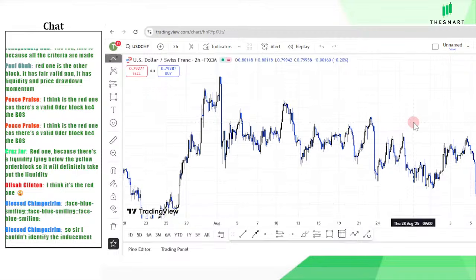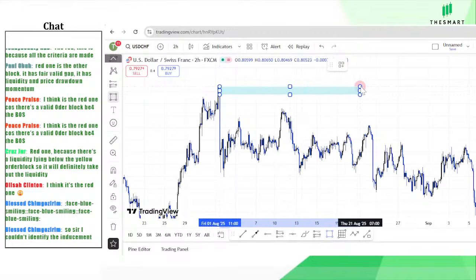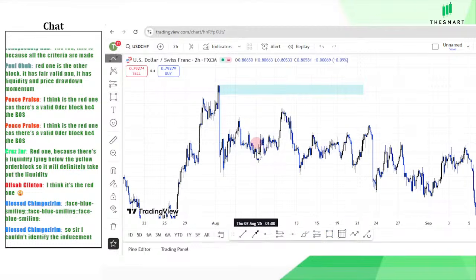Alright, so let's look at this particular price action. Looking at this price action, I can see we have this supply here. We have that supply there, and we have a change of character here.